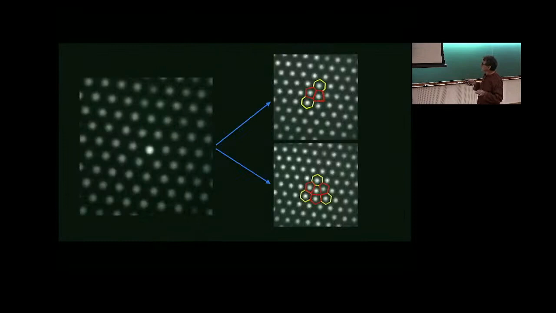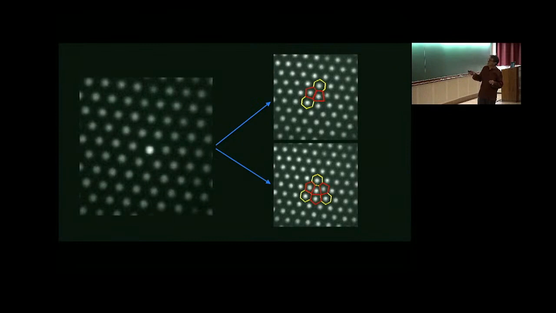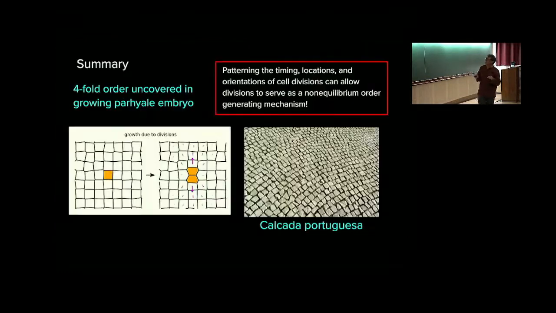Even in flat space, if you put in an interstitial, this is the actual picture from colloids, you see it usually becomes a bound state of 2, a dislocation and anti-dislocation, or 3 dislocations in this kind of hexagonal structure. But these things are interacting, moving around, stirring the system, and when you're continually doing that with division, the idea is that this enables you to find this orientationally ordered phase.